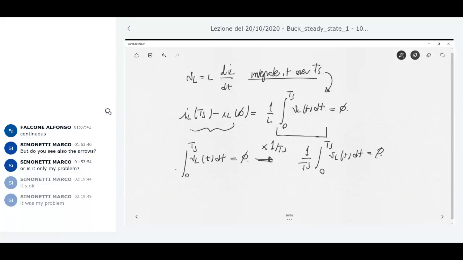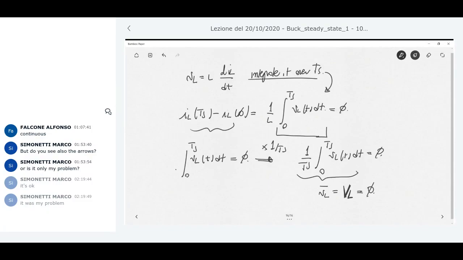And now this quantity has a meaning. This quantity here is the average voltage across the inductor. In the following, sometimes I can put a bar over the variable to indicate the average value over the period, or sometimes I can also use capital letters. For me, this means DC quantities, okay? So the average value of the inductor voltage across the period is null.